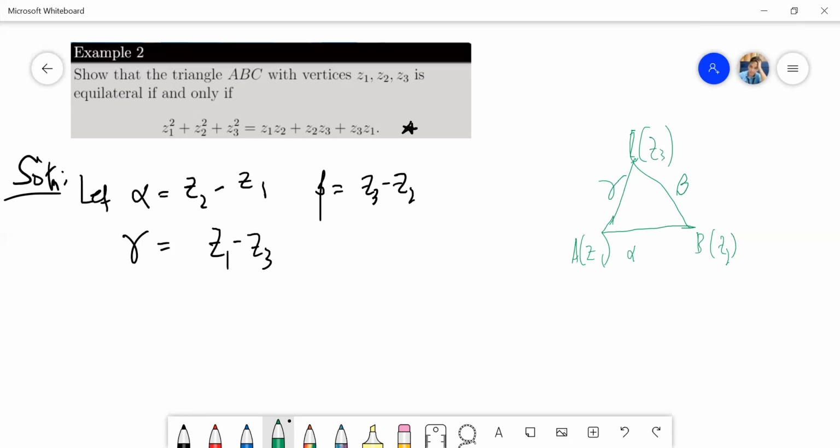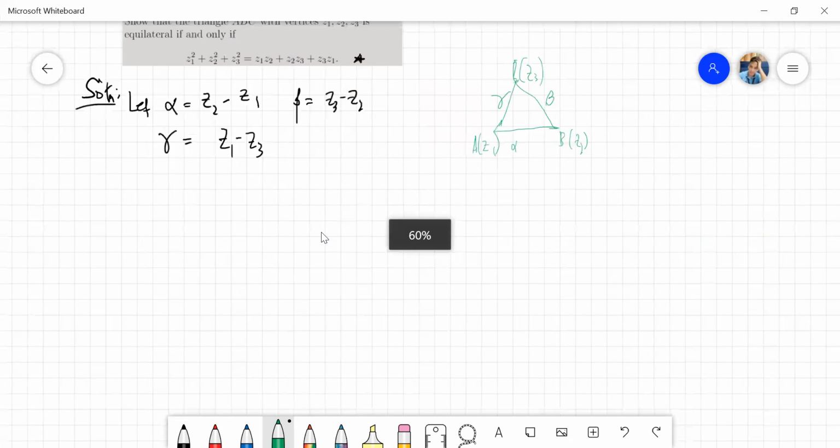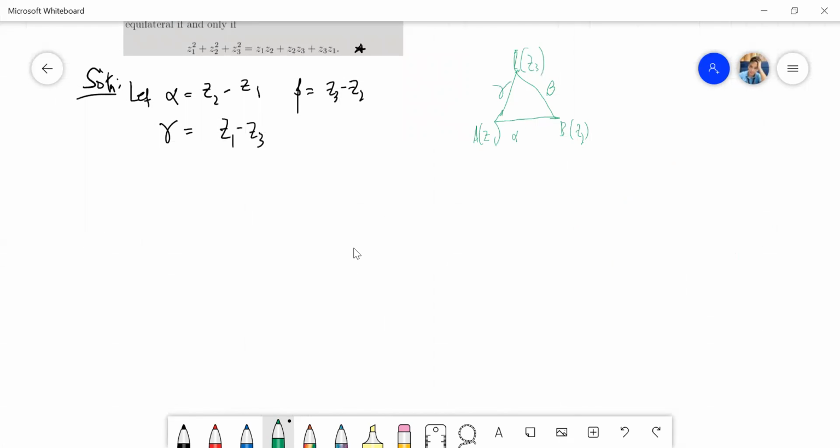Now if I'm going to add the dimensions of this triangle, which we're supposed to prove is equilateral, alpha plus beta plus gamma, of course, this is 0, because the direction goes back here.